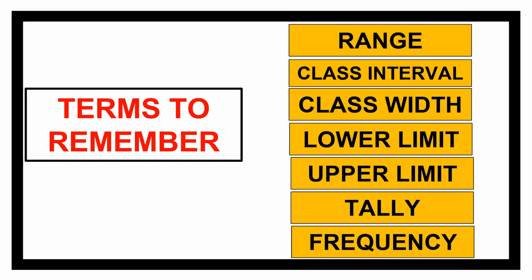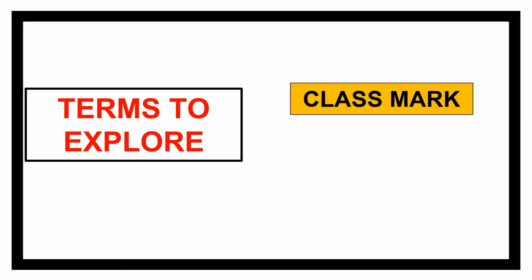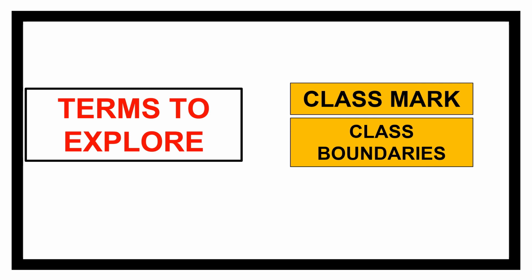You can explore more and read more books if you wish to understand these terms better. As your assignment, you have to explore the following terms, the class mark and class boundaries, because you will be using these as you move on to our next topic, which is graphs.